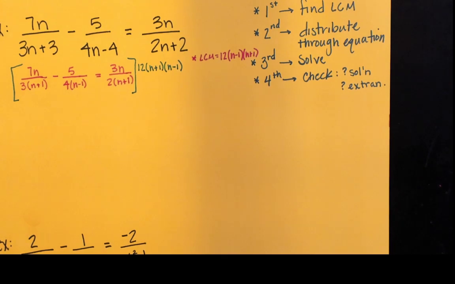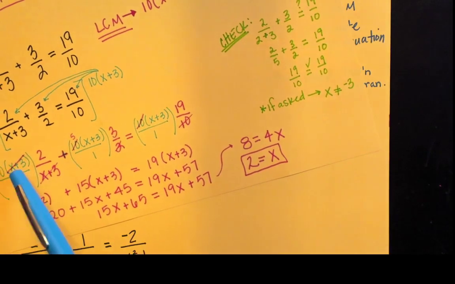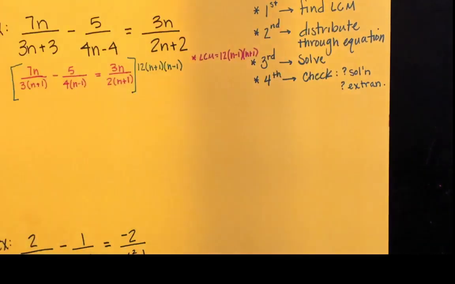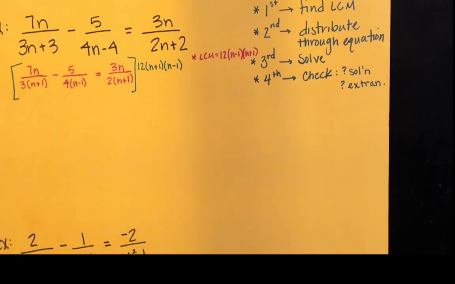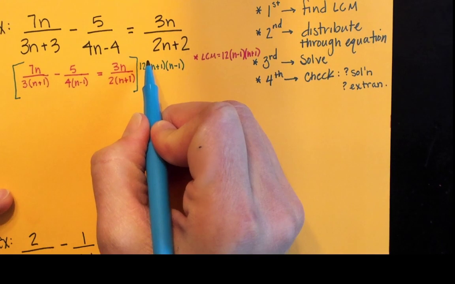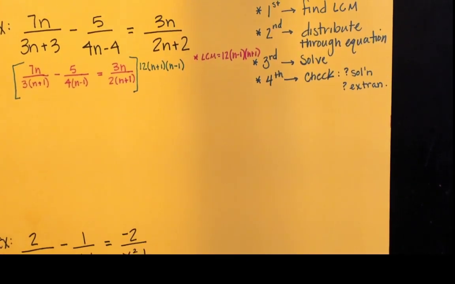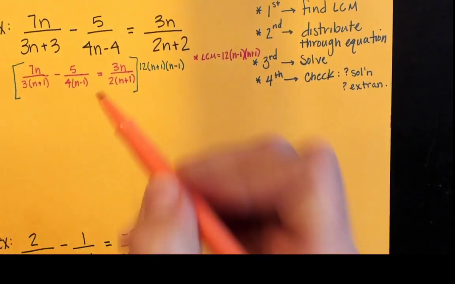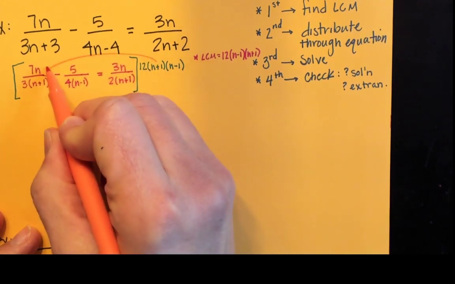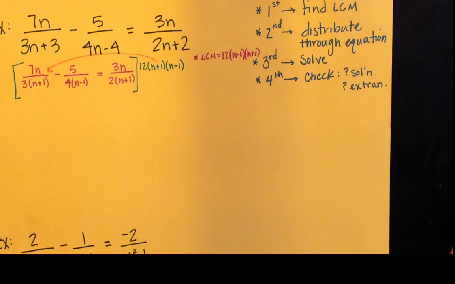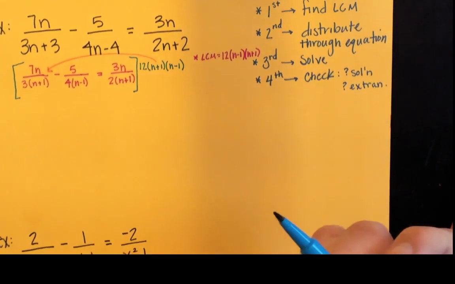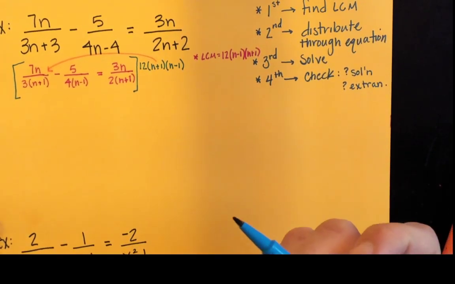Now, I'm not going to tell you that every time we do this, you have to show the distribution unless it makes it easier on you. Doesn't matter to me. So I am going to distribute to the first one. And what's going to happen is I know that 3 and 12 should cancel to a 4.